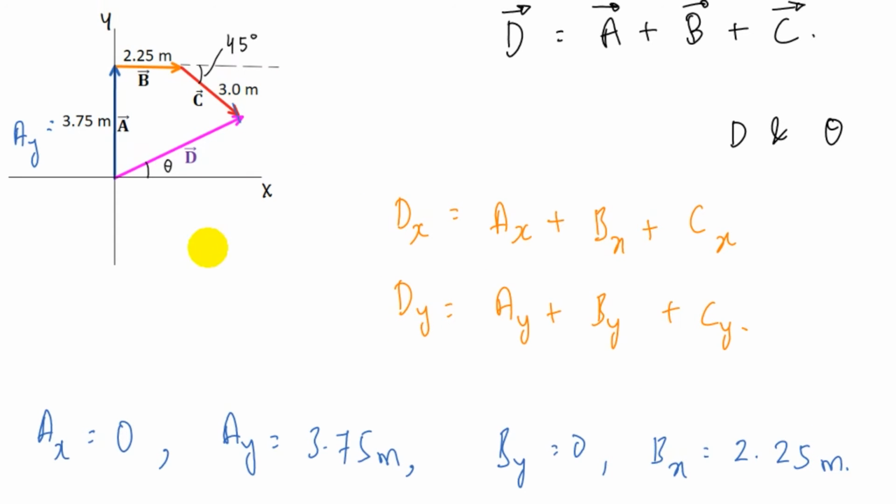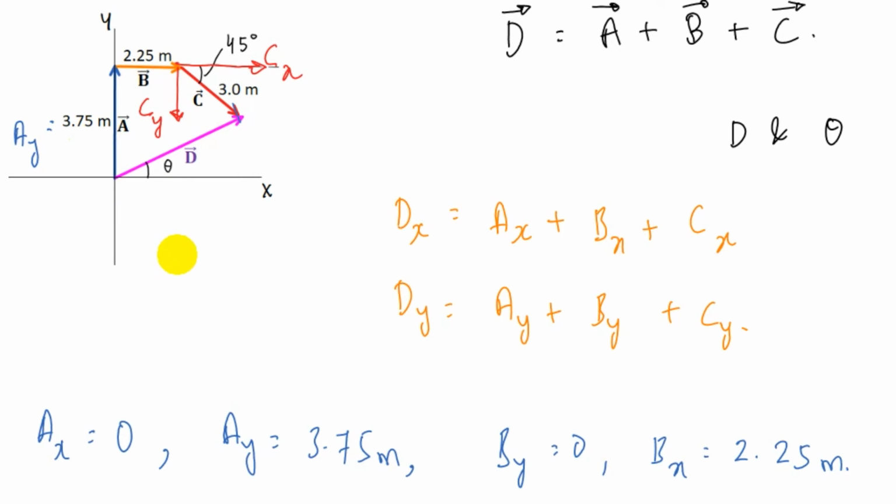Now next we have vector C. Now vector C will have two components in the x and y direction. This would be the component in the x direction, this is cx, and this is the component in the y direction, this is cy. Now x component would be positive, it's along the positive x direction.